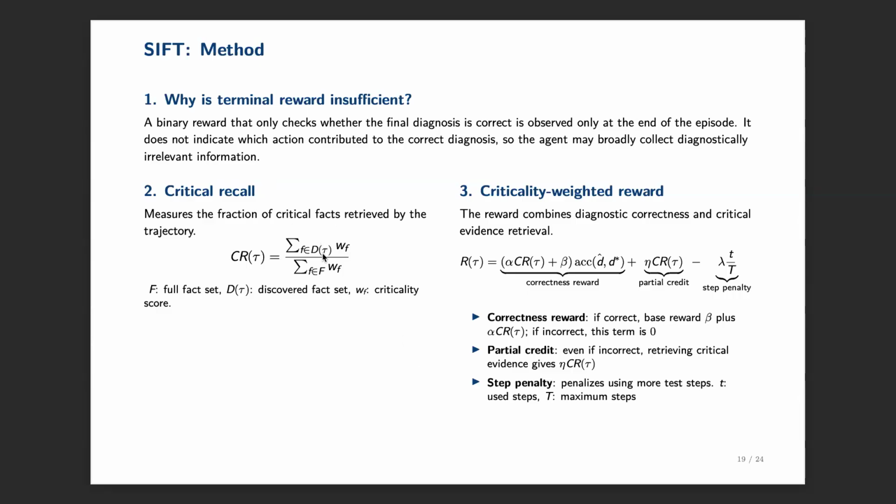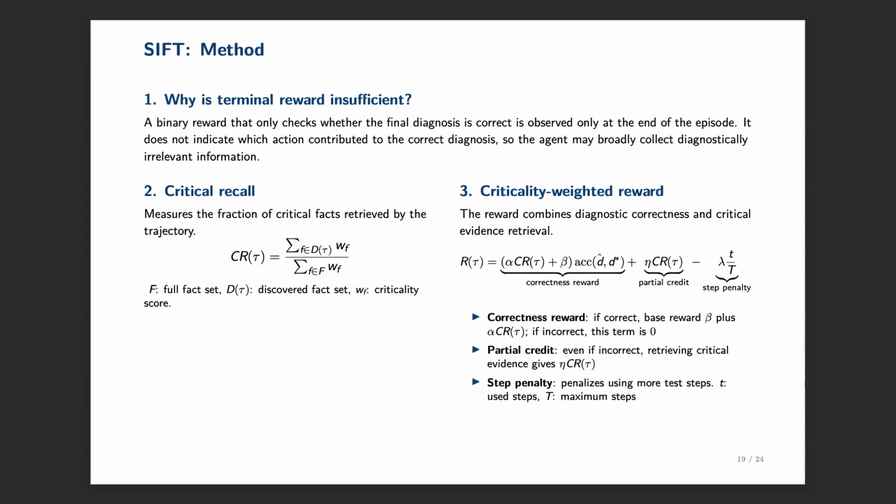CR measures how much of the total diagnostically important evidence was discovered by the trajectory. The numerator is the sum of criticality scores for discovered facts, and the denominator is the sum of criticality scores for all facts in this record.